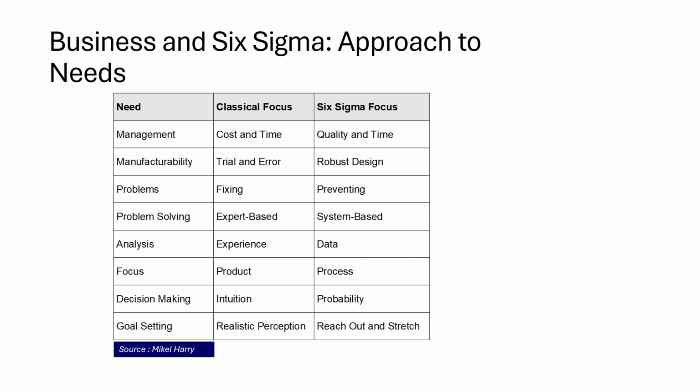What do we want the numbers to look like in the future? We're going to go implement an improvement plan and see if there was a statistically significant reduction in process cycle times, errors, mistakes, etc. More data oriented. Next, we have focus. The classical focus was on the product itself.